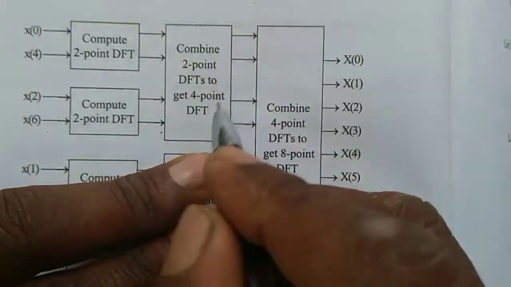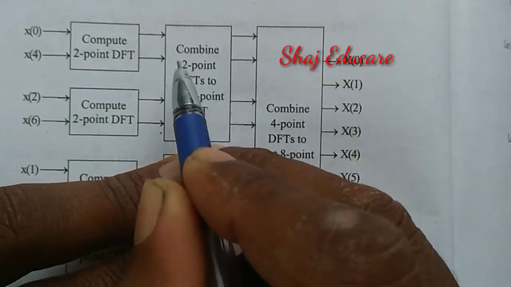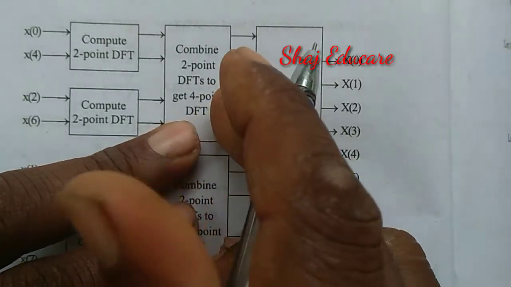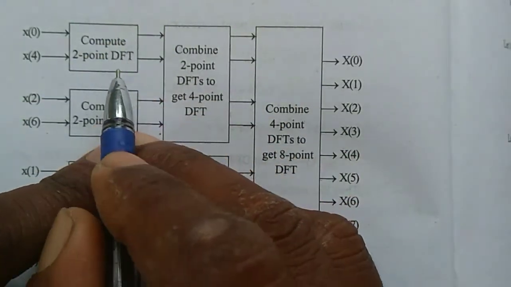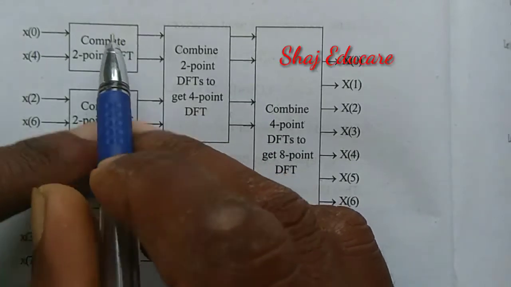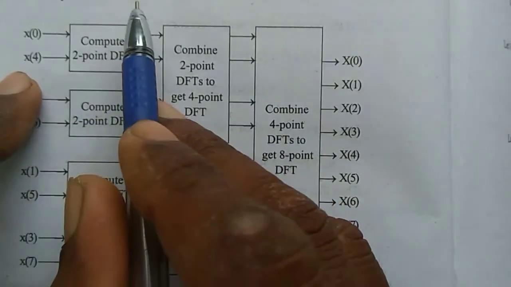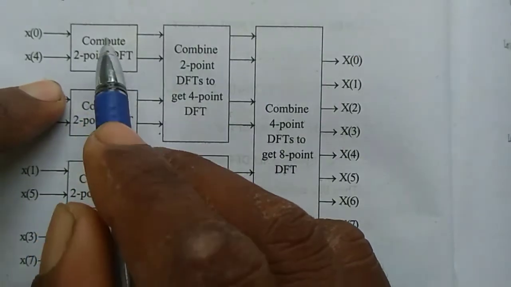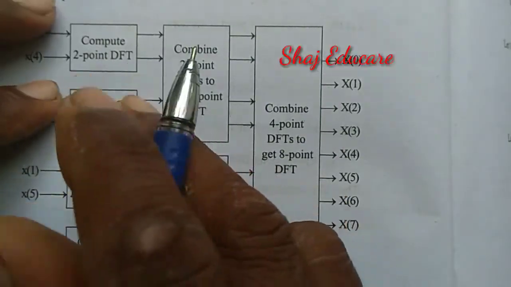Then we further divide these 4-point DFTs into two 2-point DFTs each.